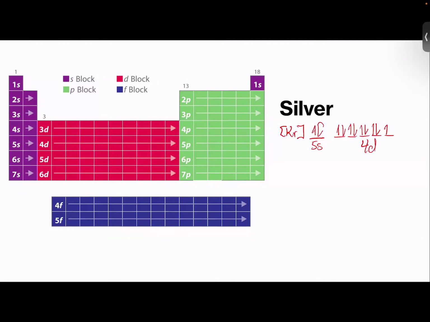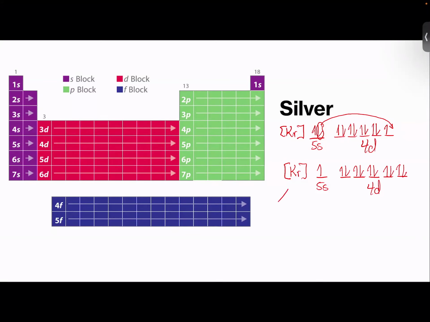But by promoting that electron, I mean, it's already spin down, and if we promote it into the 4d, what we wind up with is a half-filled and a full subshell, which provides stability.